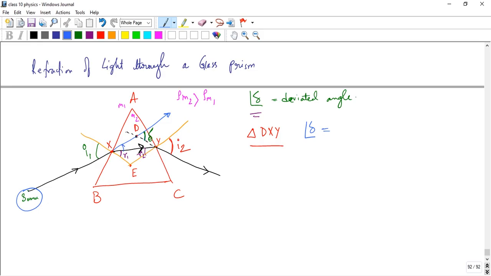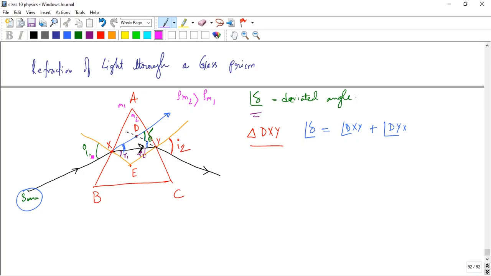So delta equals this angle plus that angle, and that angle is DXY, suppose we call it DXY, plus DYX.